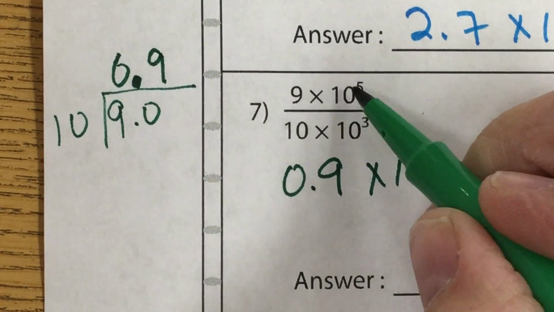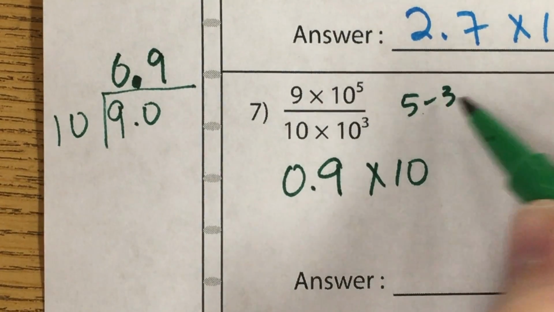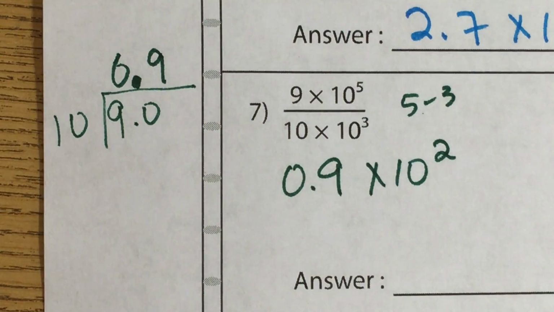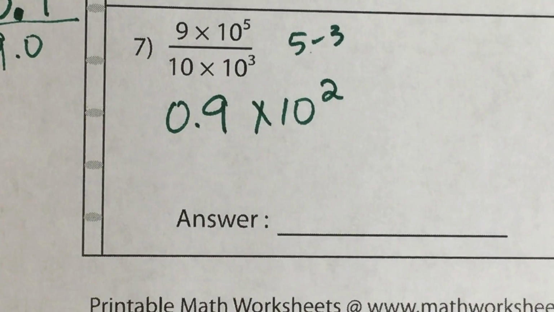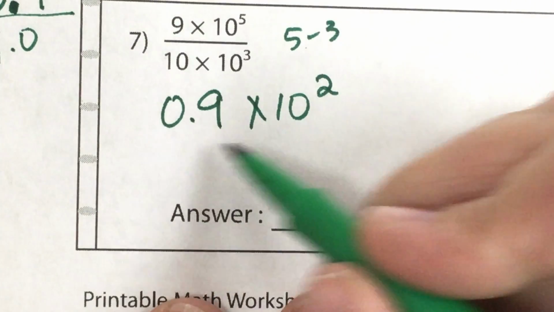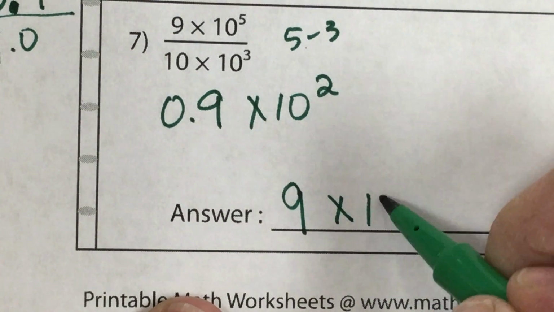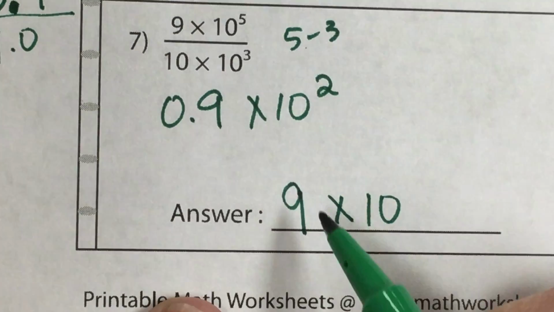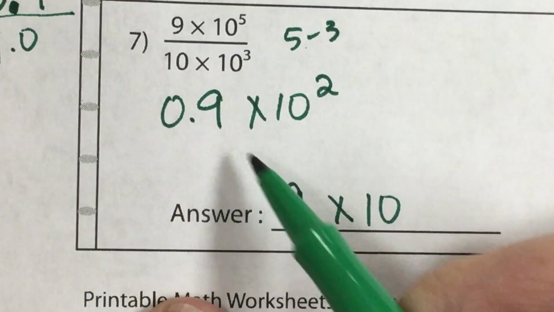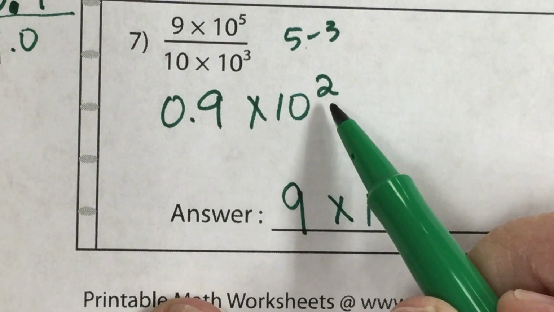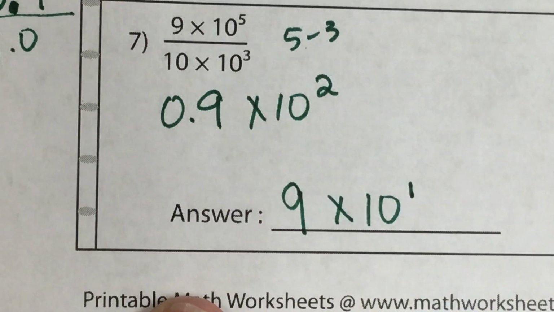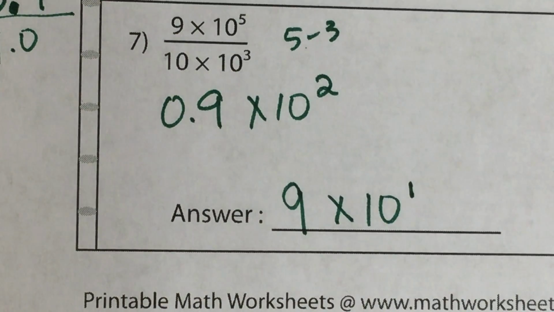Times 10, now I subtract my exponents again, and I get 2. Is it in scientific notation? No, it's not. So I make it into scientific notation. 9 times 10, well, it was small. I made it bigger. Because I made it bigger, that means I need to make this exponent smaller by 1. And again, you do not need to write that 1.